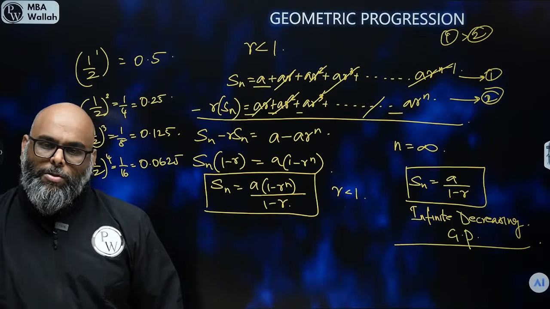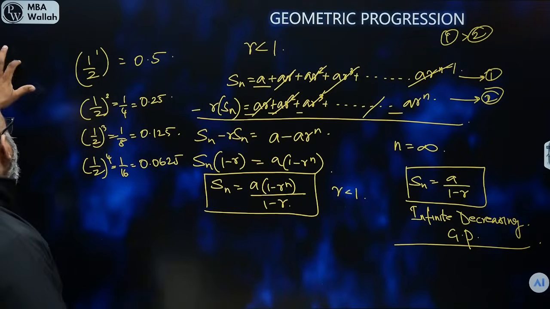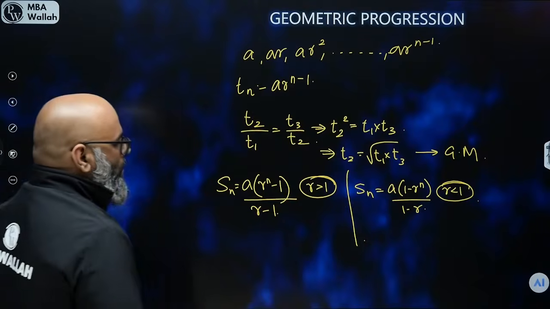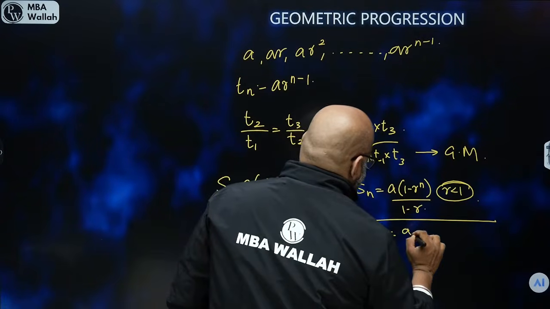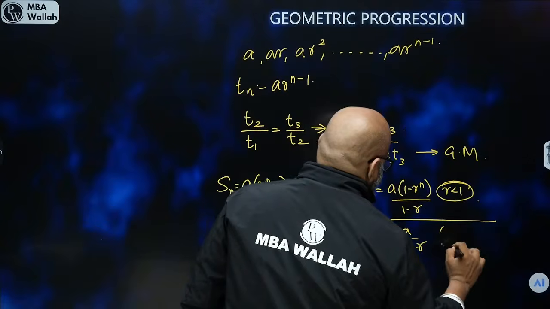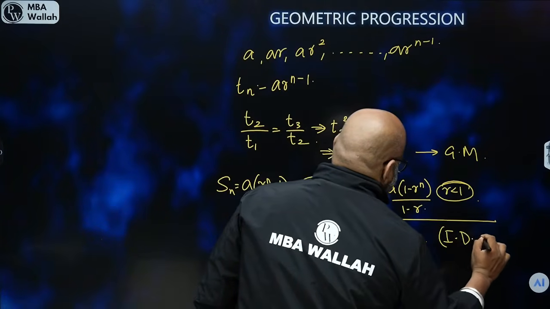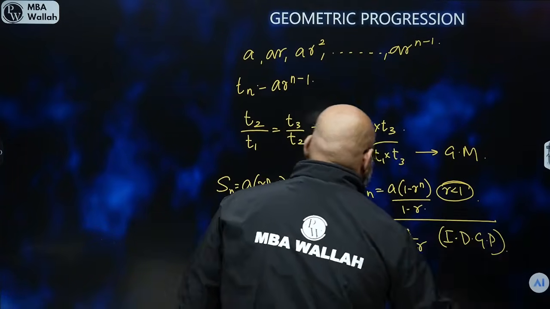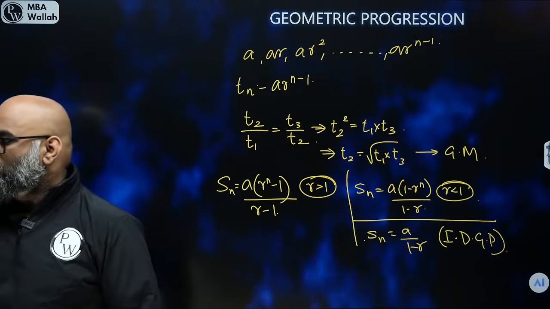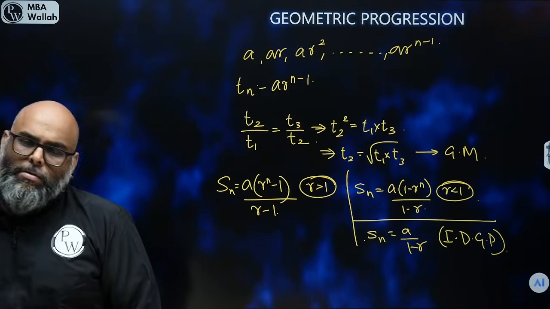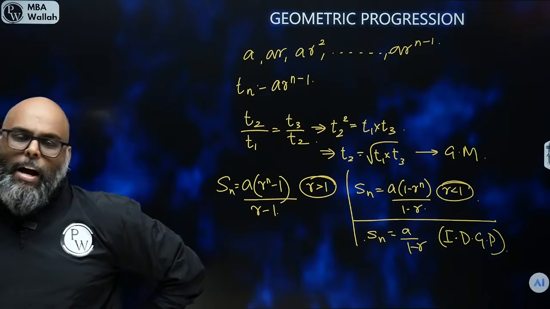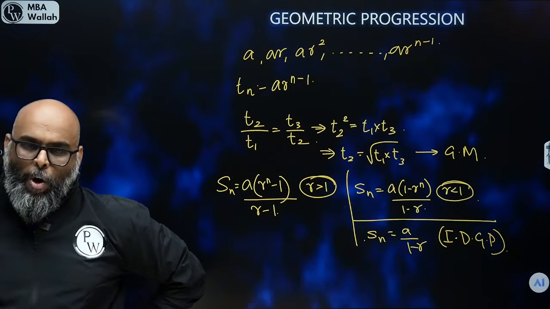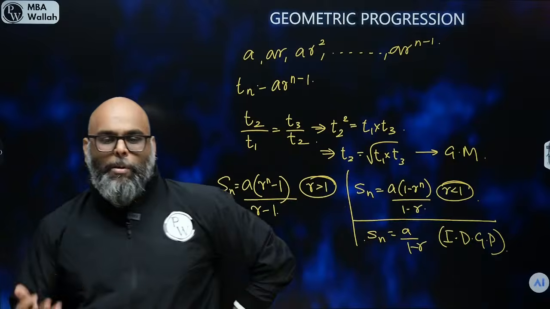Clear? Any doubts? So I'll write it down here as well. So I've written all the formulas consolidated. Sn is equal to A by 1 minus r when it is an infinitely decreasing GP. Any doubts? Any questions?